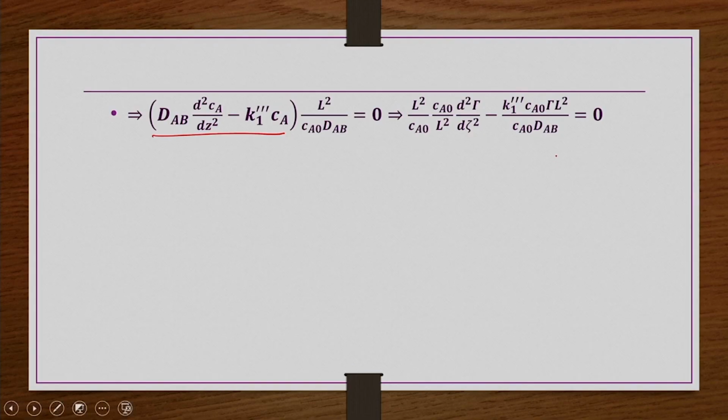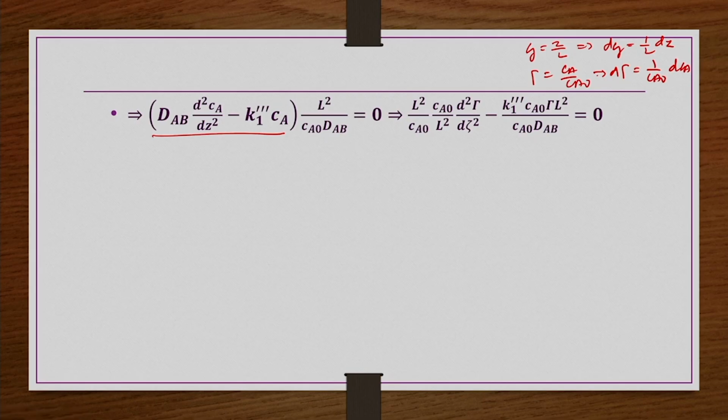So, zeta is equals to Z by L. That means d zeta is equals to 1 by L dz, and capital gamma is equals to Ca by Ca naught. That means d capital gamma is equals to 1 by Ca naught dCa, that we are applying.